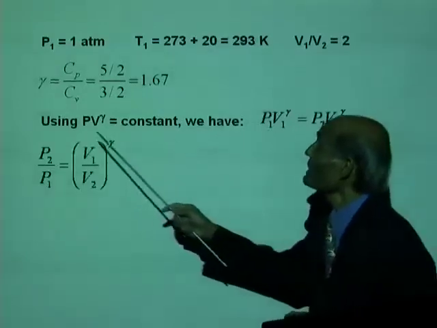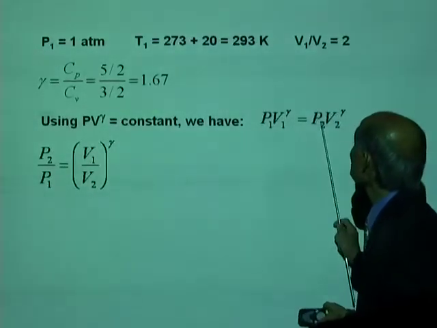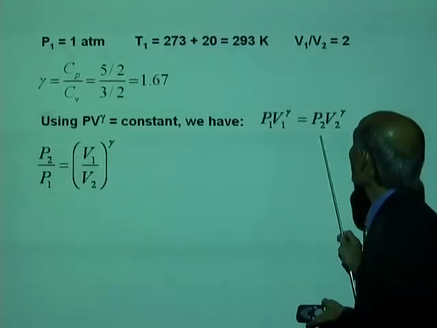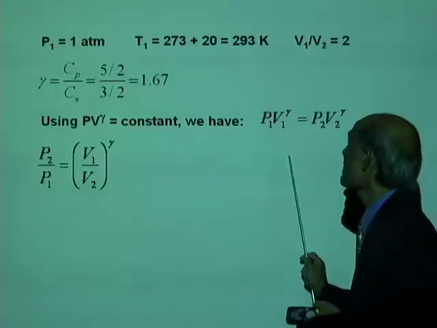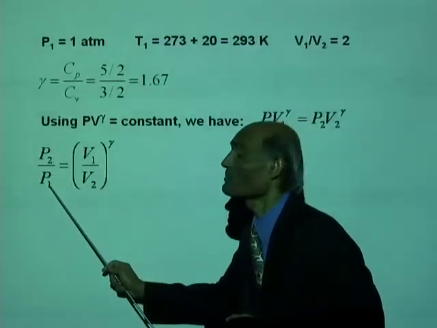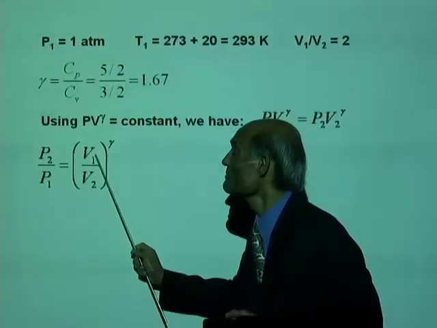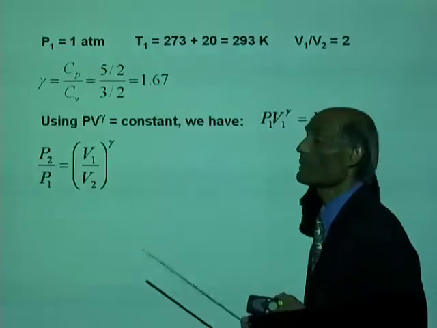Yes, it will be P2 over P1. You can see here P2 divided by P1 will be V1 to the power of gamma divided by V2 to the power of gamma. Or P2 divided by P1 is V1 divided by V2 all to the power of gamma.